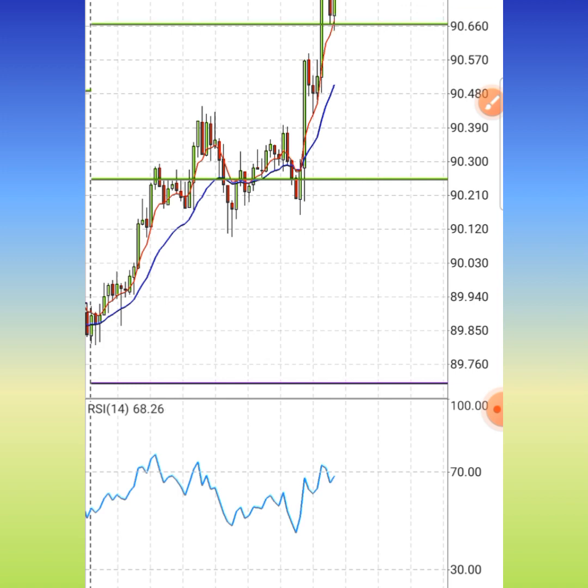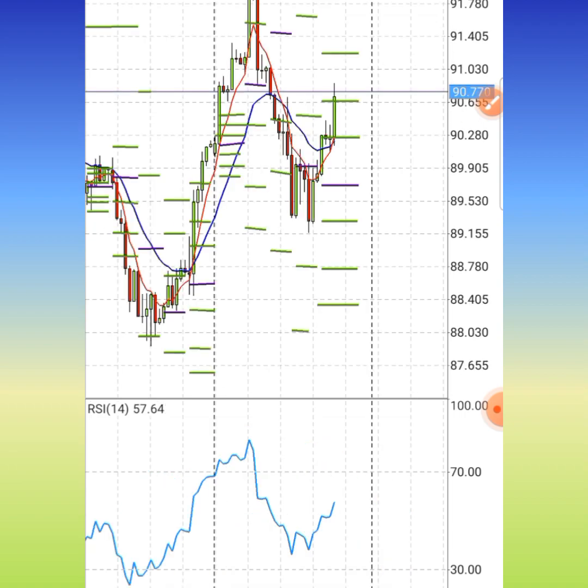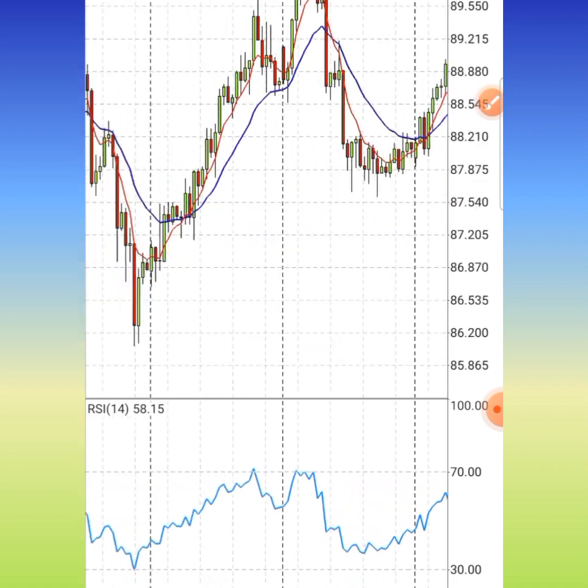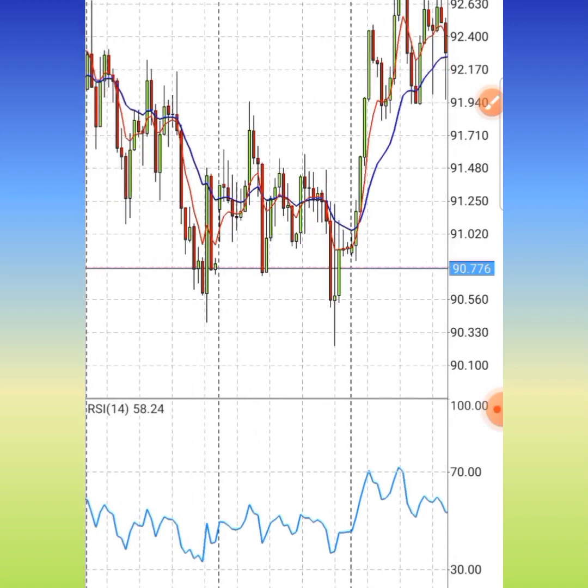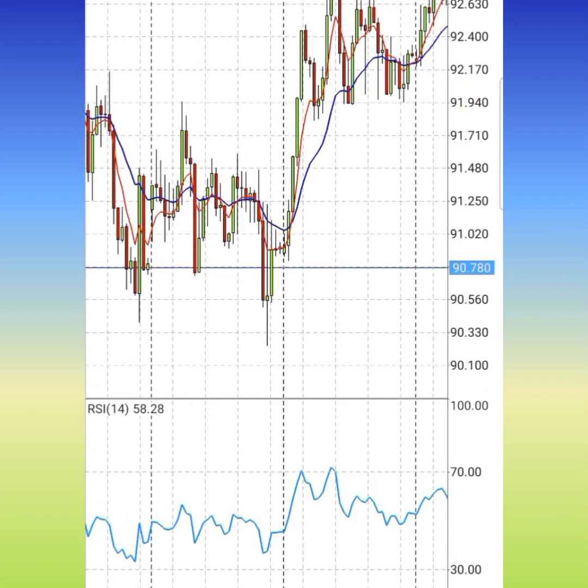So this is my chart, and let's move into a higher time frame. Let me show you an example of what I am talking about. So a good example here is this one. This is a major what? Support level. This is a major support level.